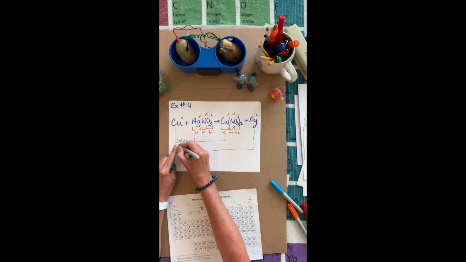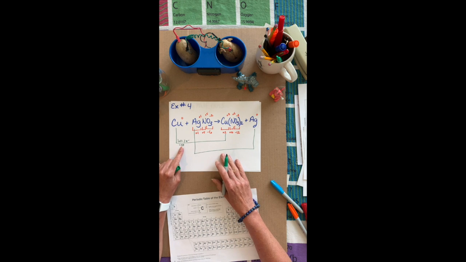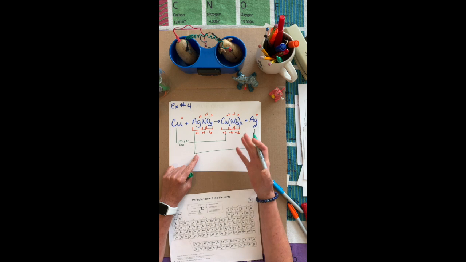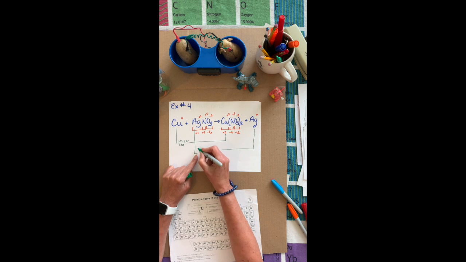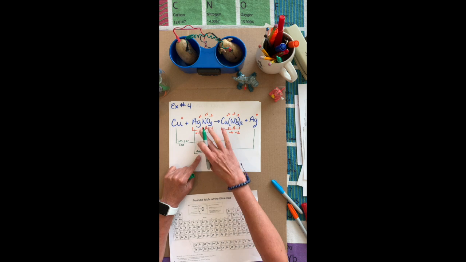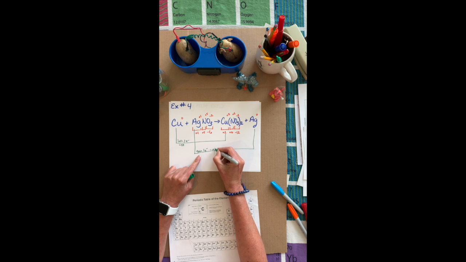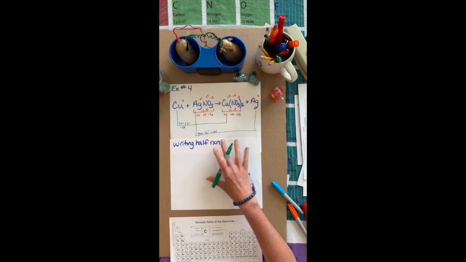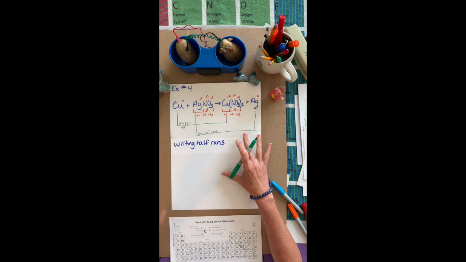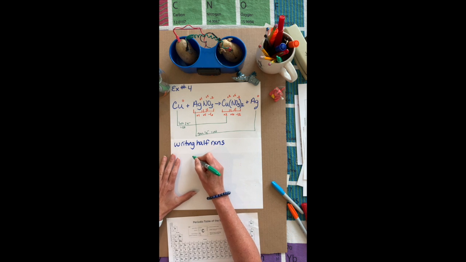Therefore, it's oxidized, LEO. Silver must be reduced, right? It had to gain 1 electron to go from a +1 to a 0. It's reduced. So to write this half reaction, we make it real simple in the beginning.